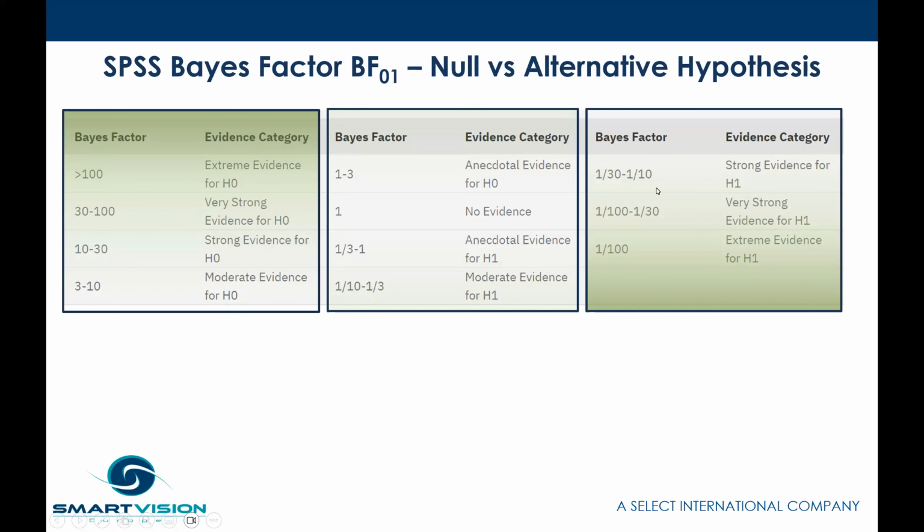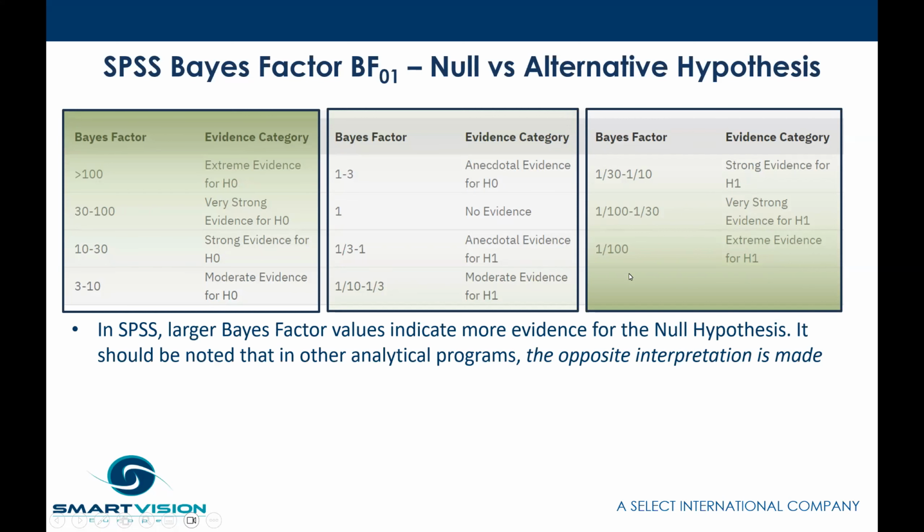If you get really small values, from 1/100th to 1/30th, so 0.01, right down to under 1/100th, you get extreme evidence. So the smaller the number, once you get down into really small numbers, you get strong evidence for the alternative hypothesis. Okay, so in SPSS, larger Bayes factors indicate more evidence for the null hypothesis.